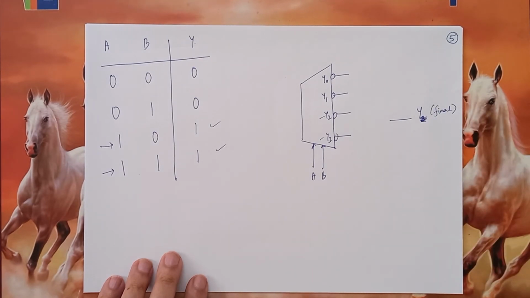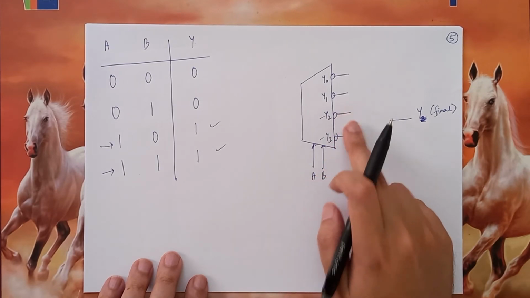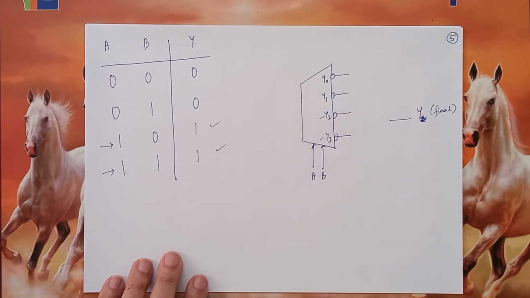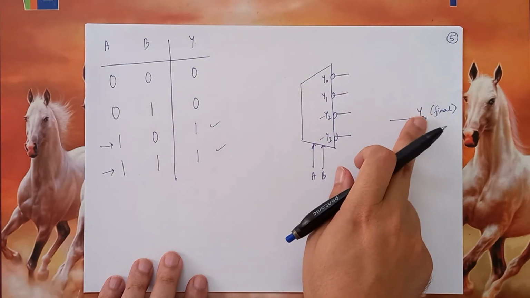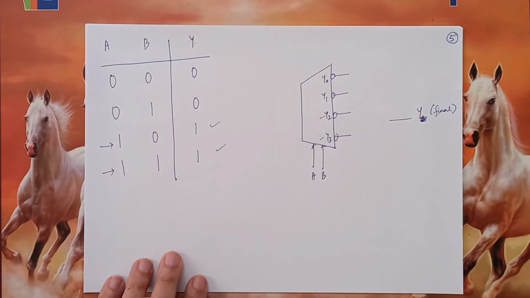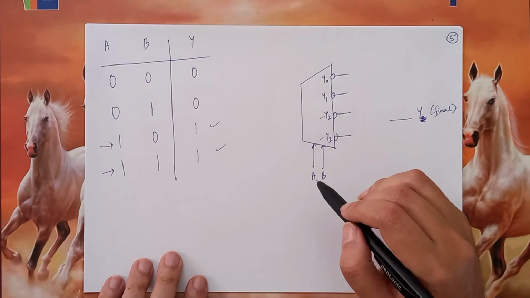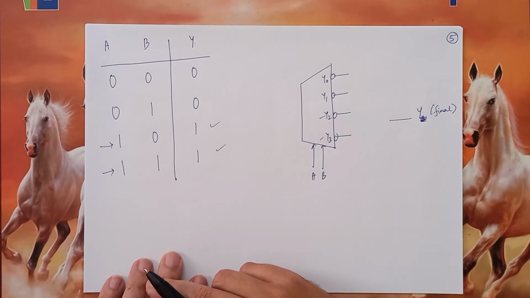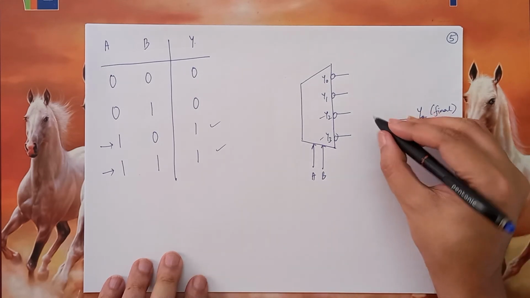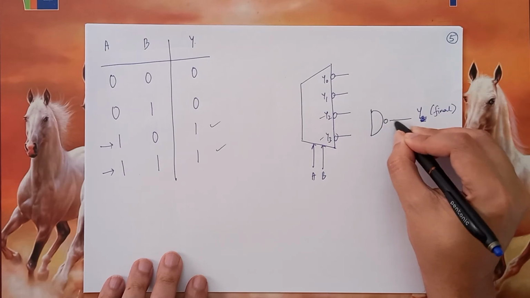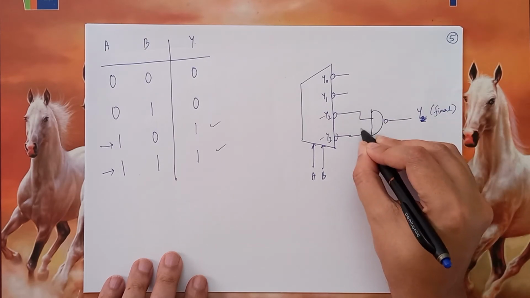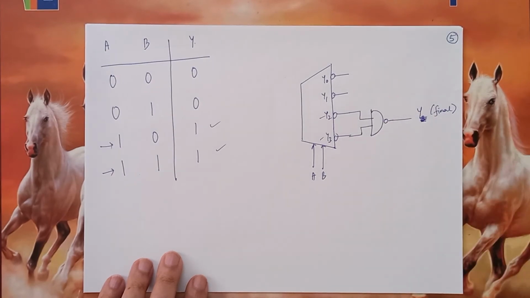So the question now is that when we are looking at y2 and y3, we are essentially trying to get the value of the final y as equal to 1. So therefore, when any of the two inputs become 0, the output should be 1. So therefore, if I use a NAND gate, then it would work.